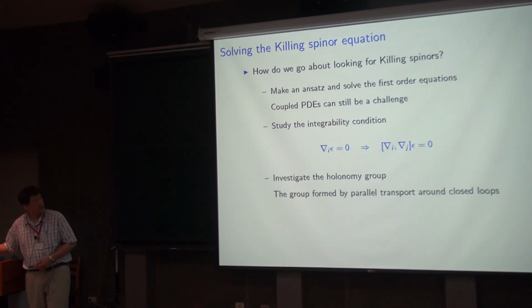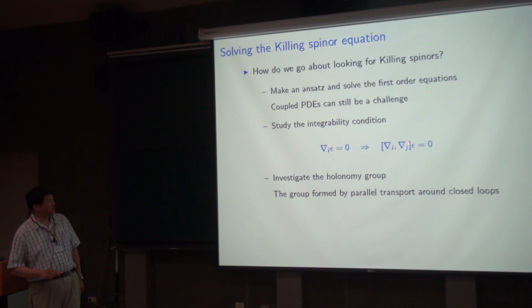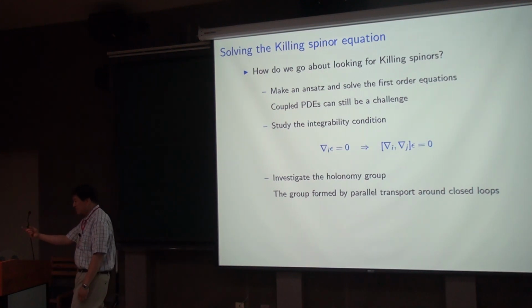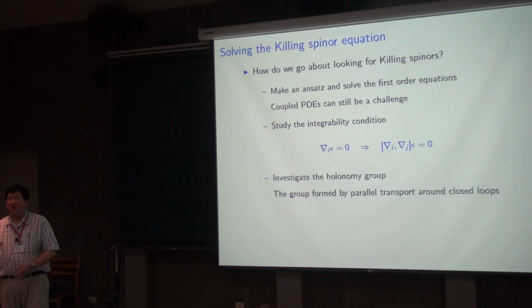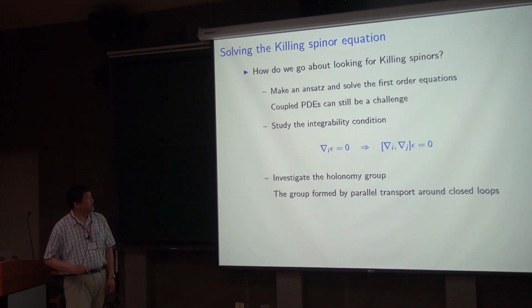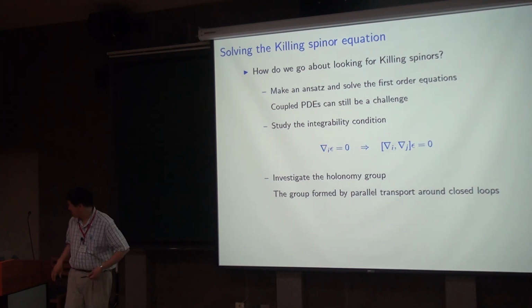From a geometric point of view, this is measuring parallel transport. It's a way of locally measuring what happens to your spinor epsilon as you move around your internal manifold. If I move around in a closed loop, I form what's called the holonomy group. So integrability is very closely related to studying the so-called holonomy of the internal manifold.